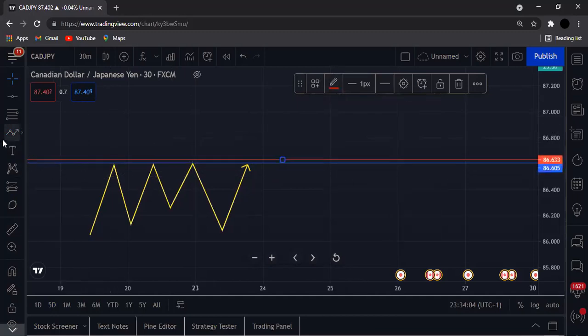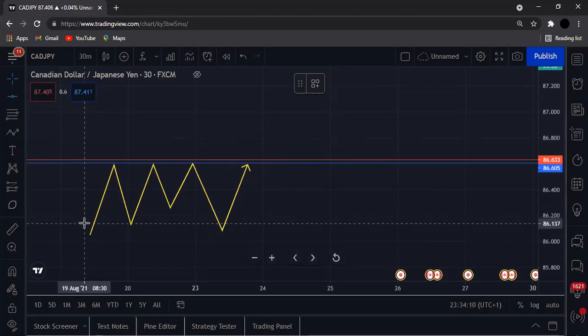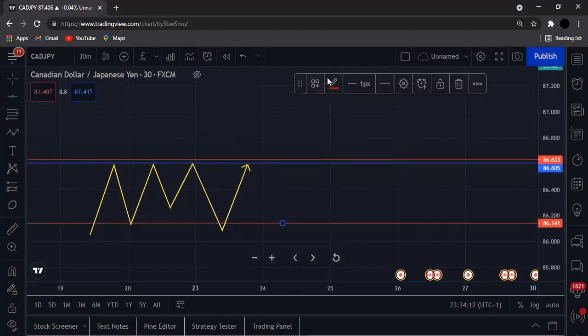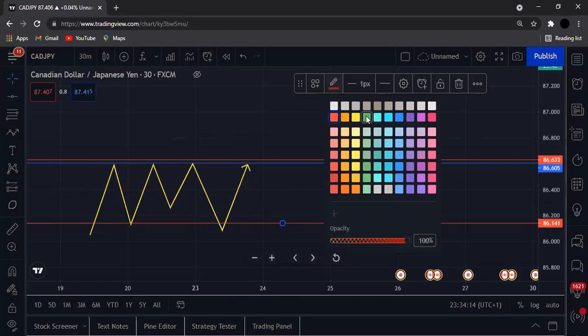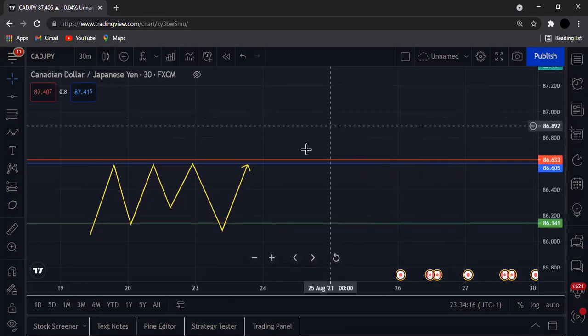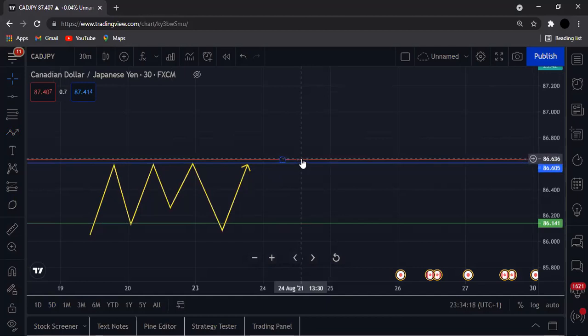They'll place their stop loss there and their take profits somewhere, let's say somewhere here. So now they are taking their red line to be the stop loss and the green line to be their take profits. You know what stop loss and take profits is?